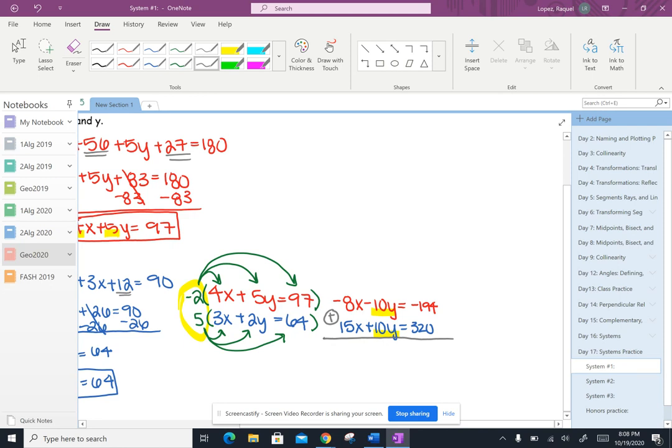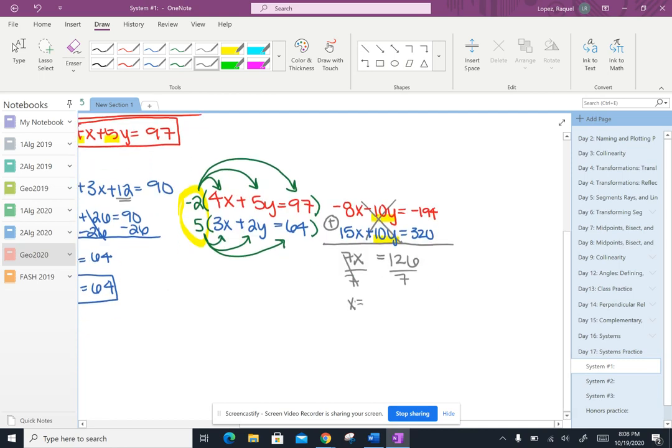I'm going to do -8x plus 15x, and that's going to get me 7x. -10y plus 10y cancels out, so that gets eliminated, equals -194 plus 320. That gets me 126. Then to solve for x, I'm just going to divide by 7 on both sides, and I get that x equals 18.